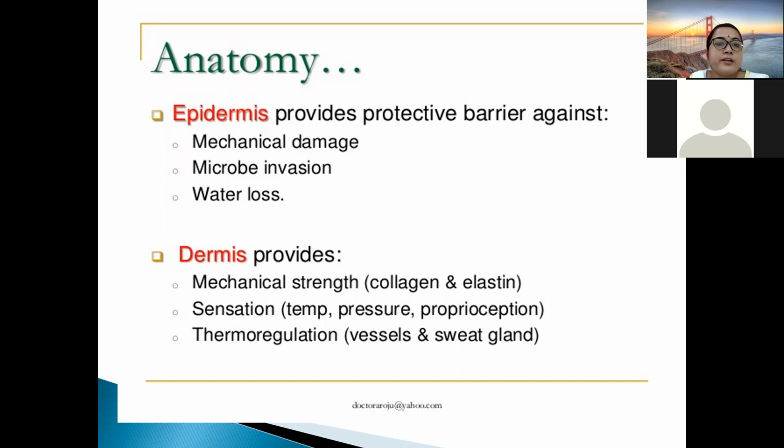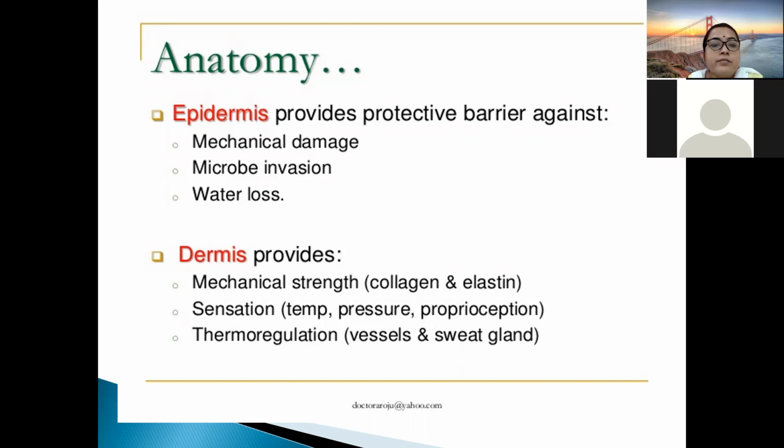The epidermis is the first protective layer. Any microorganism which has direct contact or tries to invade our immune system will first get in touch with the epidermis. The third function is preventing water loss, and that is also one of the most important functions of this particular layer of the skin.